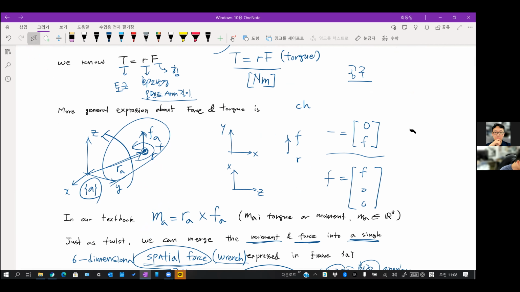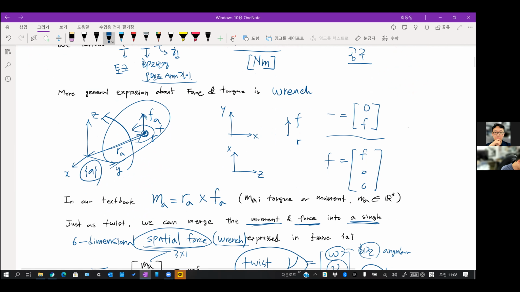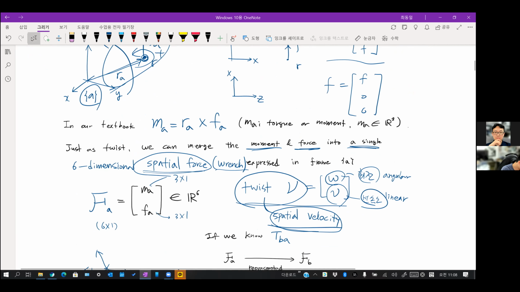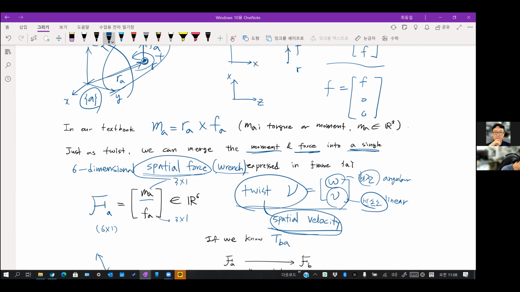A more general expression for force and torque is the wrench. In the wrench, I expressed the moment and force together. This is a 6 by 1 vector. In other words, we call this a 6-dimensional spatial force.